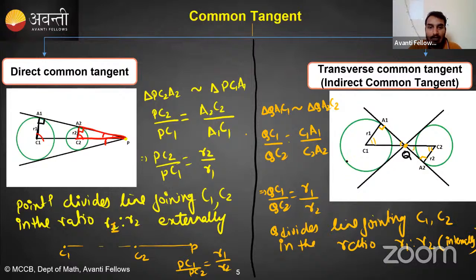Here I said that if there is a direct common tangent, then this point P, the point of intersection of the two direct common tangents, will divide the line joining C1 C2 in the ratio R1 is to R2 externally, and point Q, the point of intersection of the transverse common tangents, which are the indirect common tangents, will divide the line joining C1 C2 in the ratio R1 is to R2 internally.